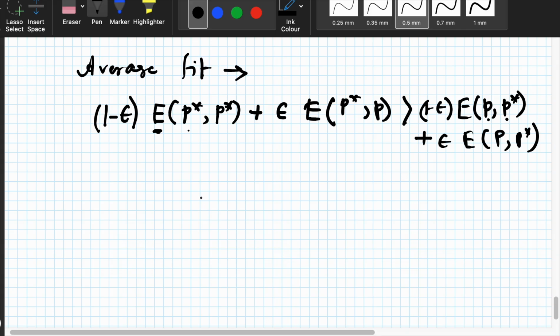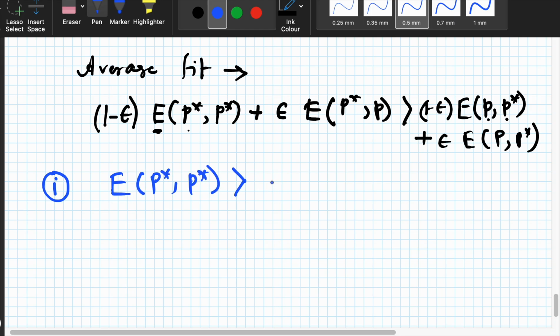So it will be true when epsilon is 0, if E(p star, p star) is greater than E(p, p star). If it is true, then this condition will always be true.